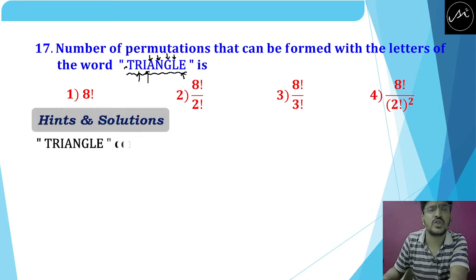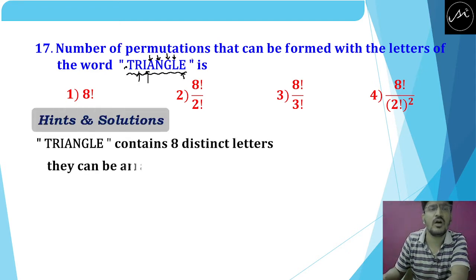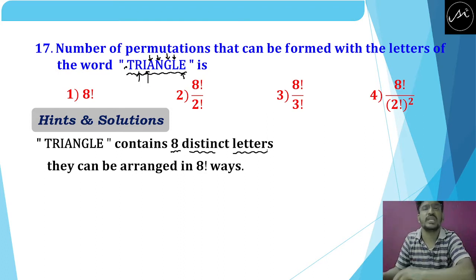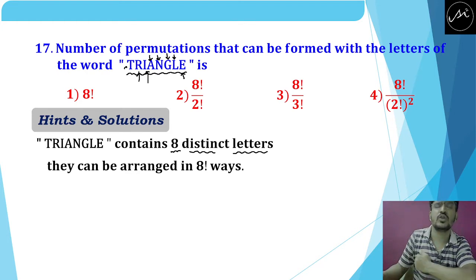Okay, so now straightforward with the formula: triangle contains 8 distinct letters. That means no letters are repeating here. So it is very easy, it can be arranged in 8 factorial ways.